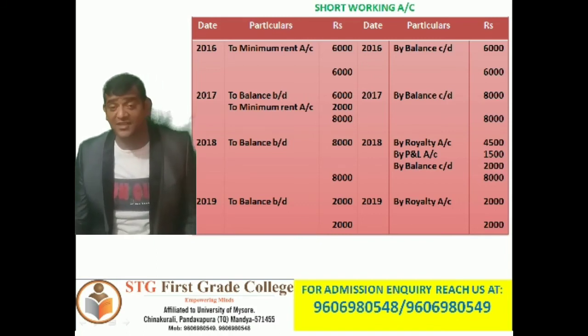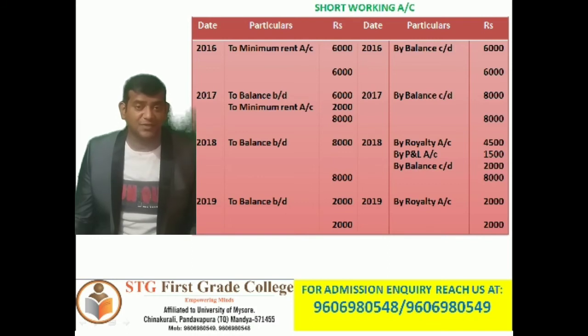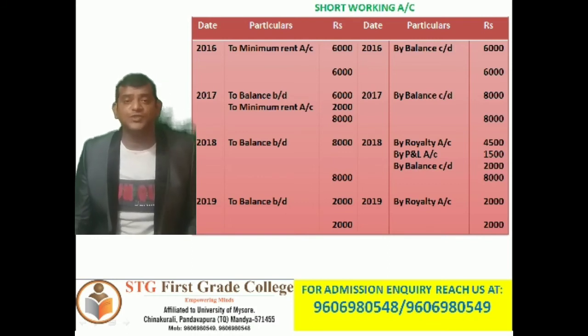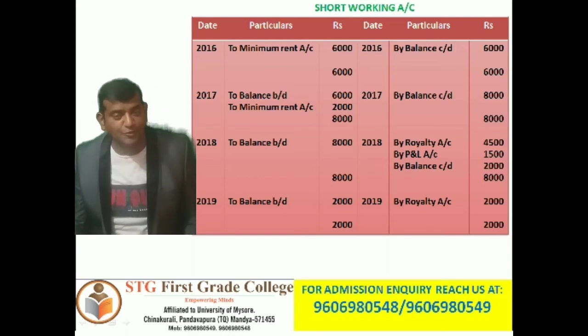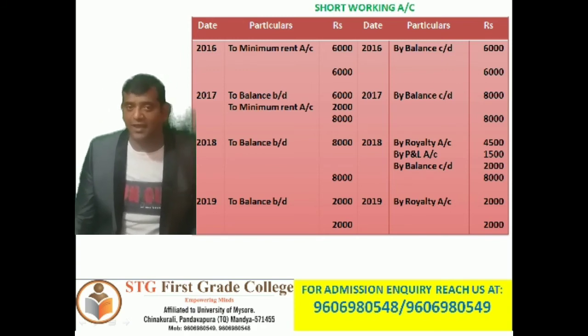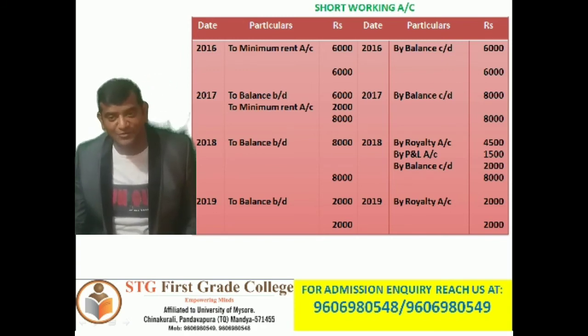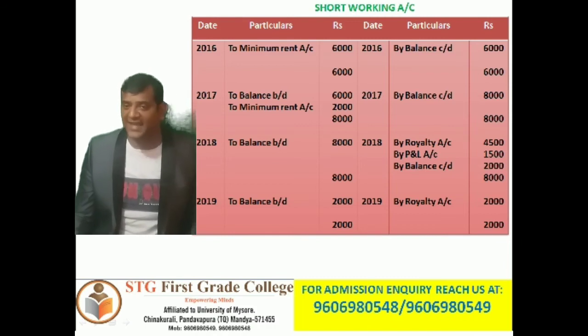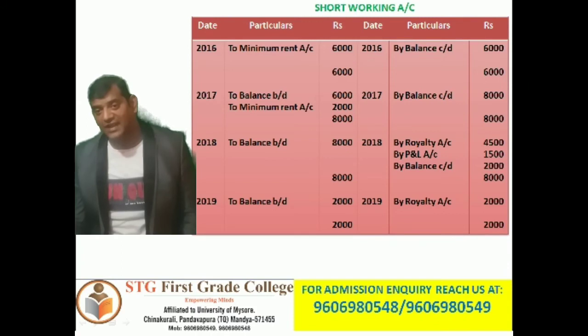This is the first year short working. So next, 2017 to balance brought down 6,000, to minimum rent account second year short working 2,000 rupees, by balance carried down 8,000, both sides total 8,000 and 8,000.